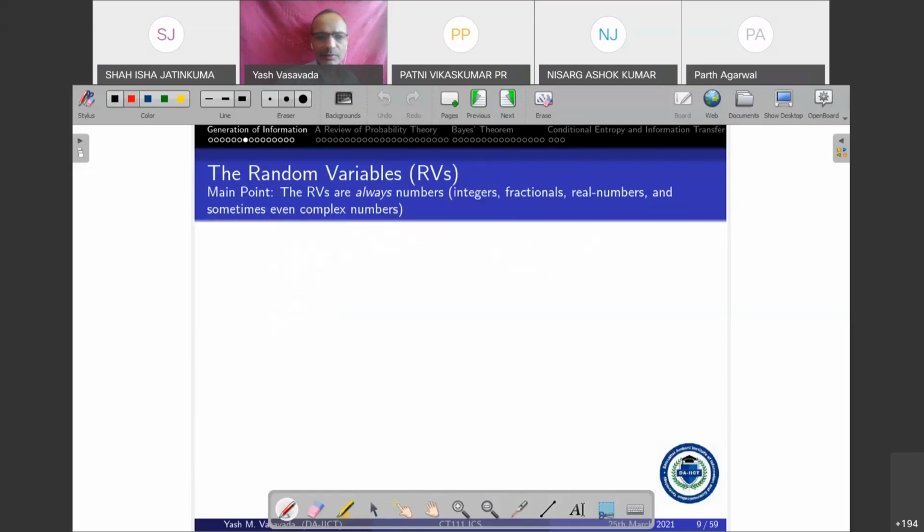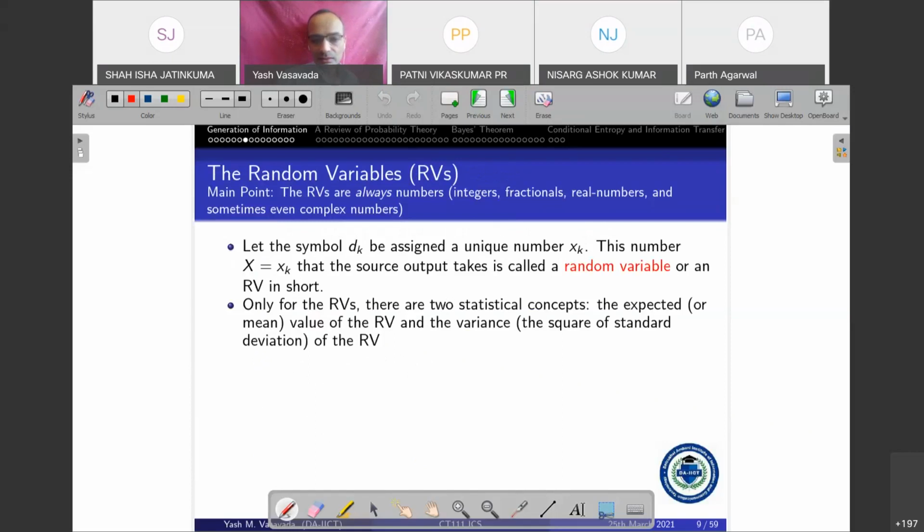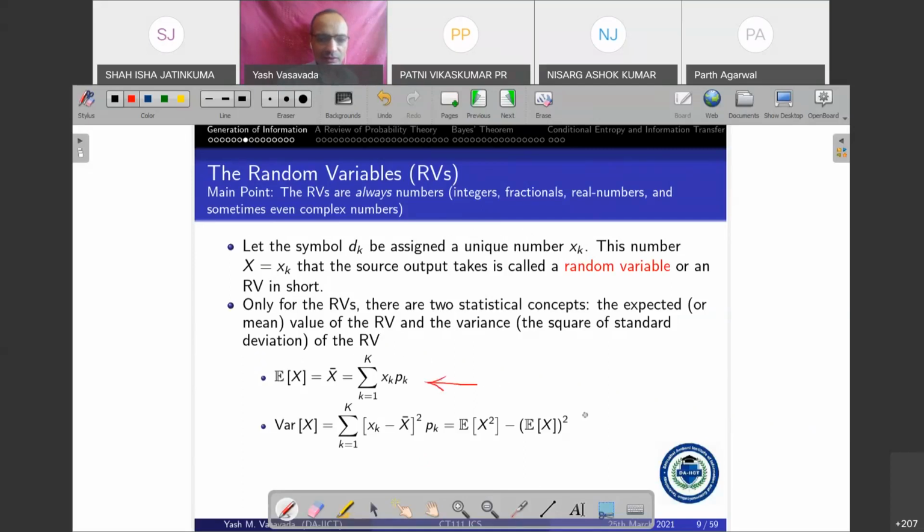And we looked at a specific type of random variable, which is actually a number, not a symbol, that the output of an information source can be mapped to. And so this random variable can then be associated with the expected value, which is given by this formula here. So this is the expected value of the random variable. And this is the variance of the random variable.